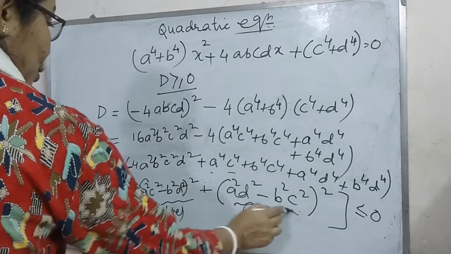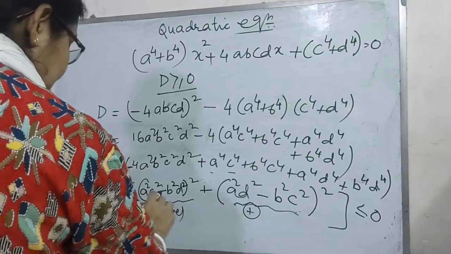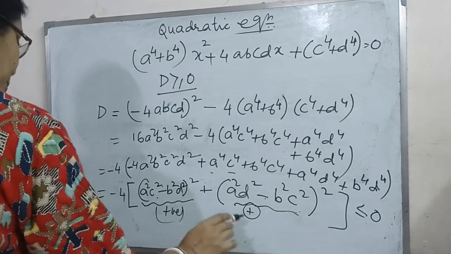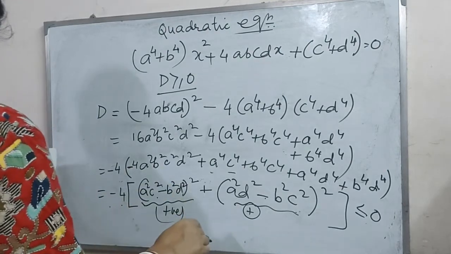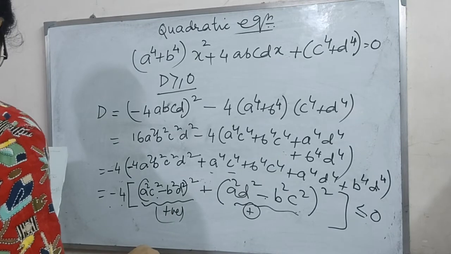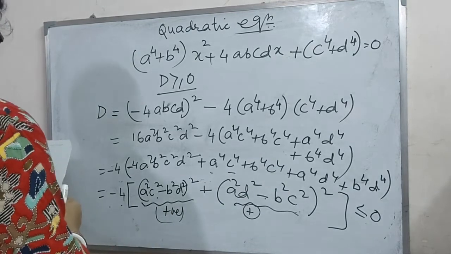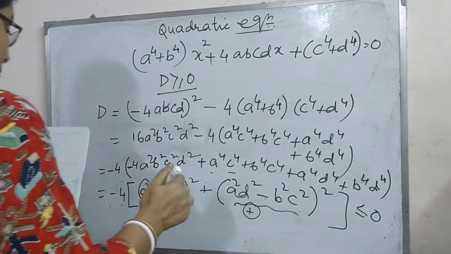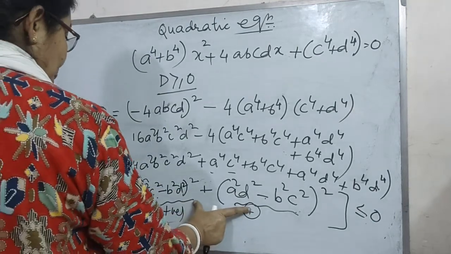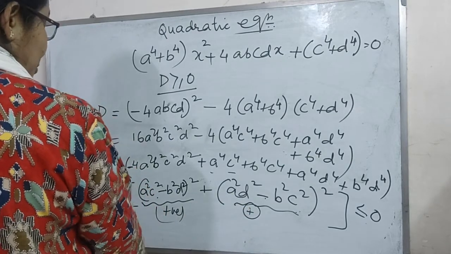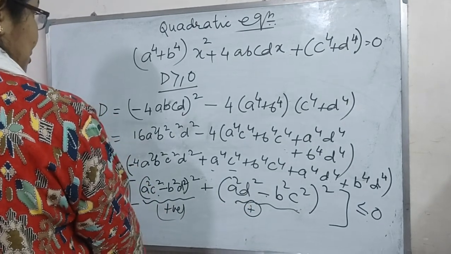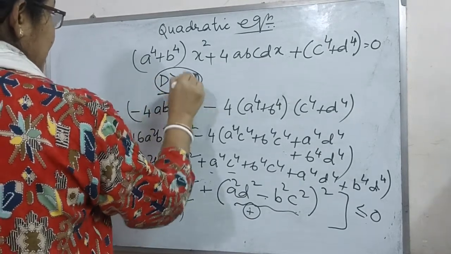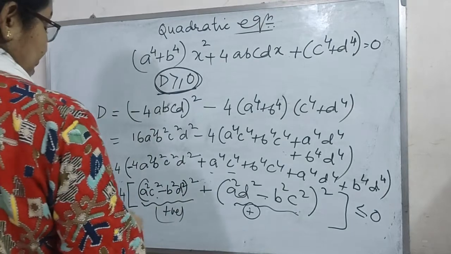That means the sum of these terms cannot be negative. Minus 4 into positive terms will be negative. But here the question is, we have for real roots D greater than or equal to 0.